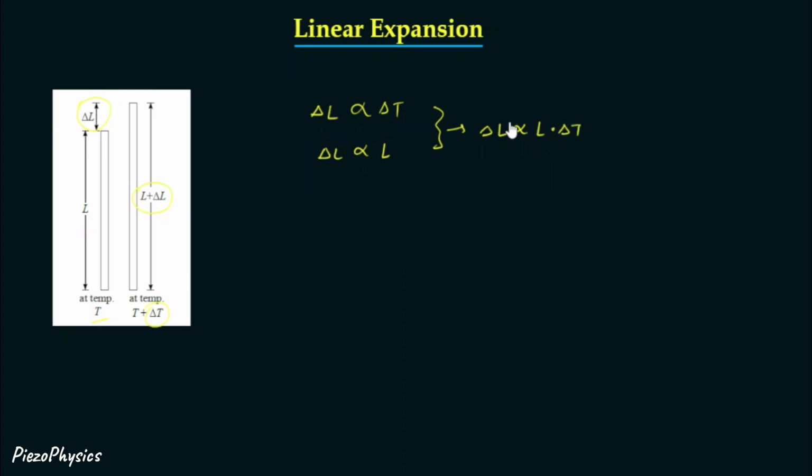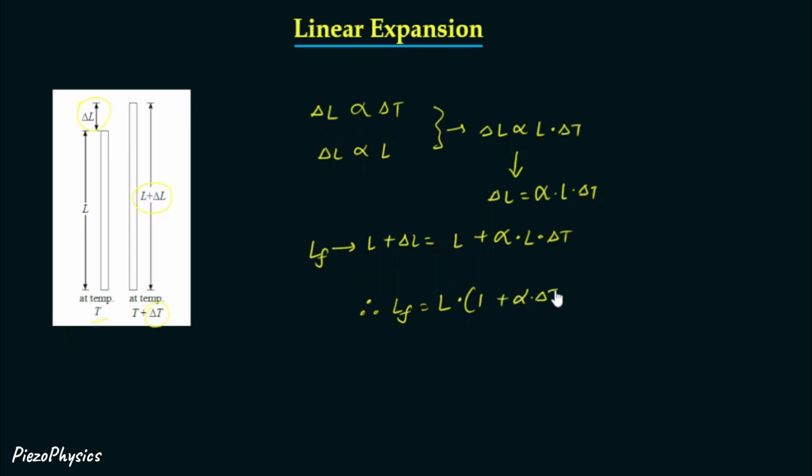Now, if we combine these both, we will have delta L is directly proportional to L into delta T. If we want to remove this proportionality sign, then we have to put a proportionality constant, that is alpha. That's why it will be delta L equals alpha into L into delta T. Therefore, the new length of the solid scale will be L plus delta L equals L plus alpha into L into delta T. If we put this new length as L final, then we will have L final equals L into bracket 1 plus alpha into delta T, right?